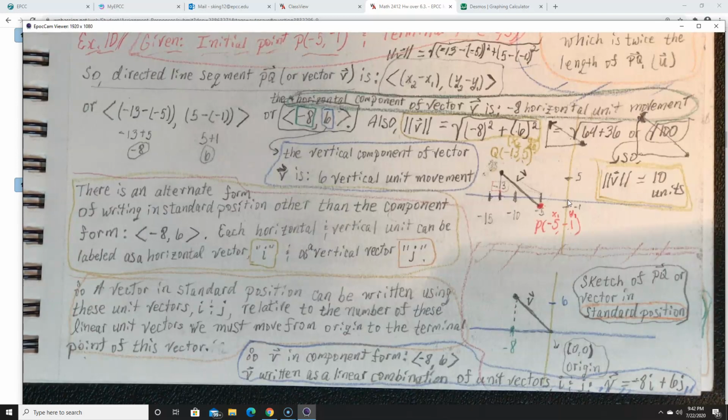So that's what they're going to ask us to do, and also just to identify what the direction of the directed line segment is. It's easier to visualize. If you had a vector way out here, 5,000 miles out, we don't want to put it over here. We'd like to bring it in with the initial point at the origin, and then keep the same direction, move 8 units left and 6 units up and draw it. And now you have the vector that represents all of these infinitely many directed line segments.